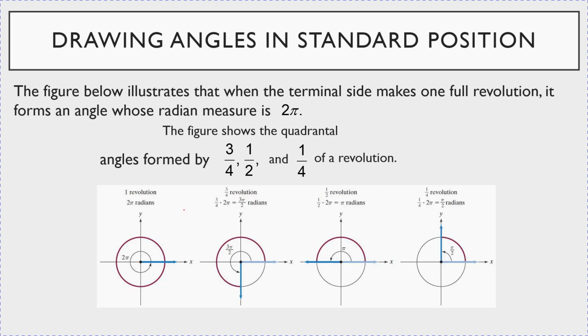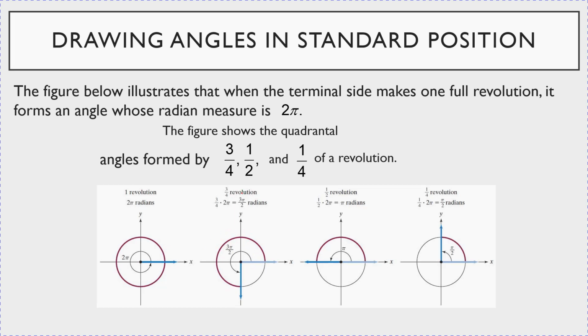So then you can see, looking at the quadrantal angles, they are formed by 3/4, 1/2, and 1/4 of a revolution. To go from here like this, this is 3/4 of a revolution of the circle.